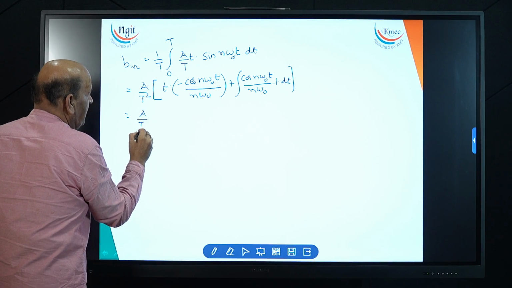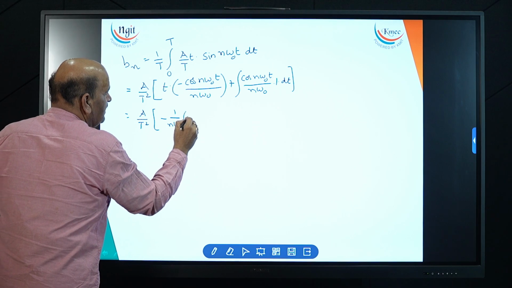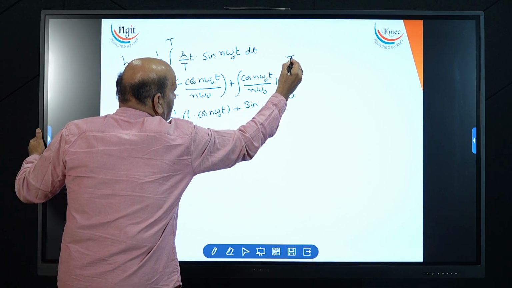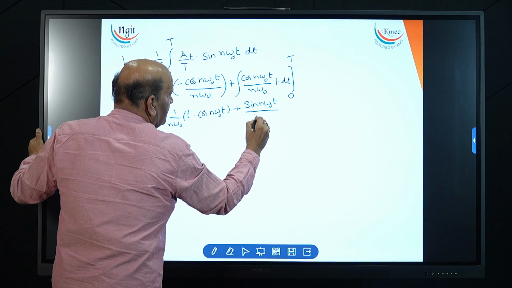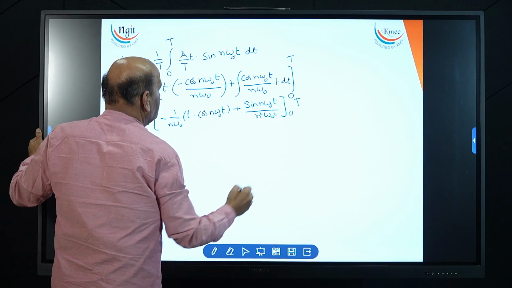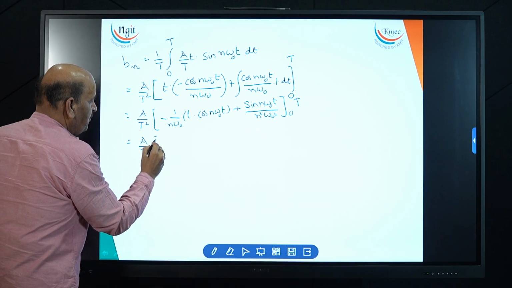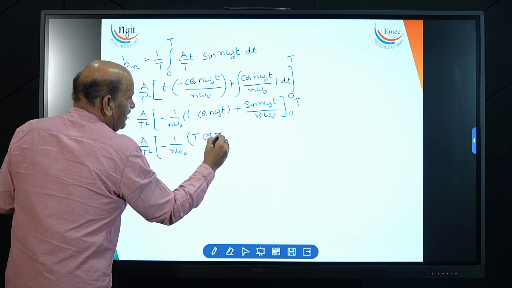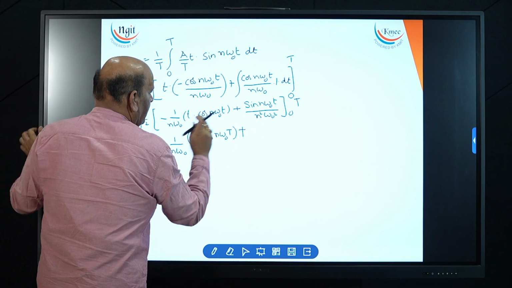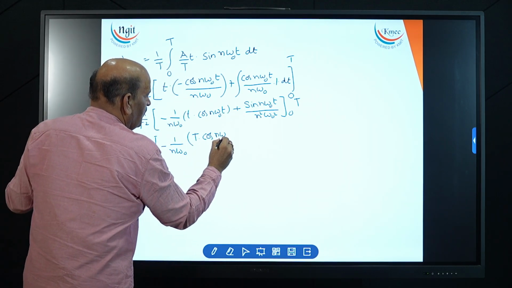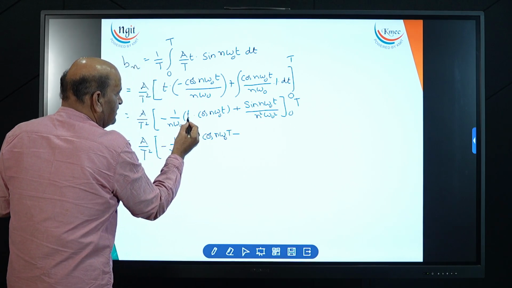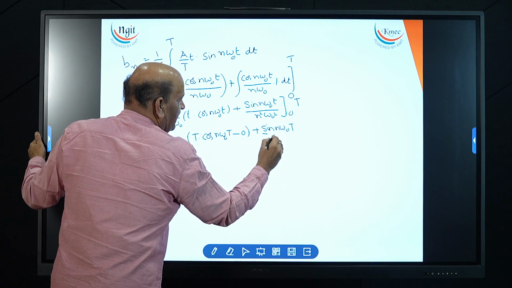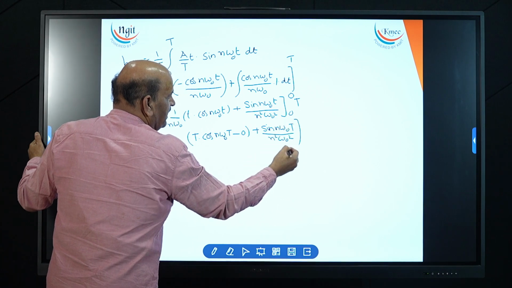So this is equal to A by T square into minus 1 by n omega naught into T into cos n omega naught T. Already constant is there, integrating between the limits 0 to T. This is sine n omega naught t by n square omega naught square between 0 to T. Now this becomes A by T square, minus 1 by n omega naught into T into cos n omega naught T, minus substituting lower limit 0 into this one 0, plus substituting this one sine n omega naught T by n square omega naught square, minus lower limit equal to 0, sin 0 equal to 0.